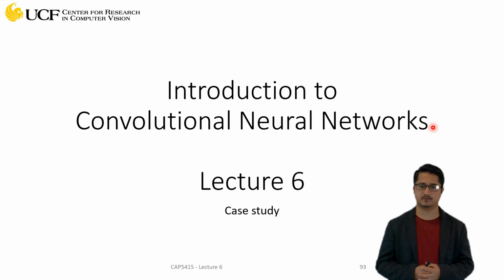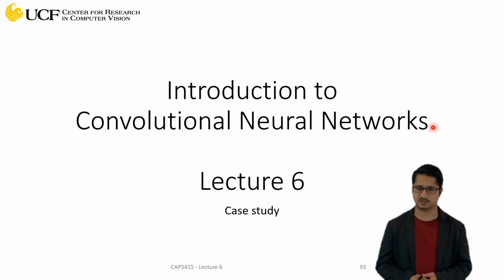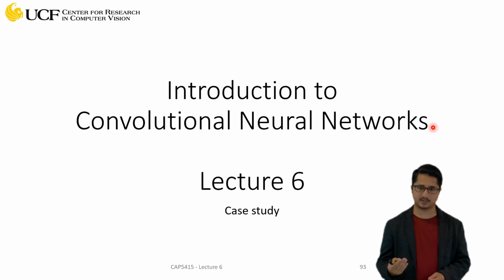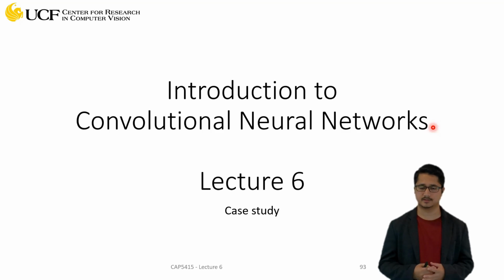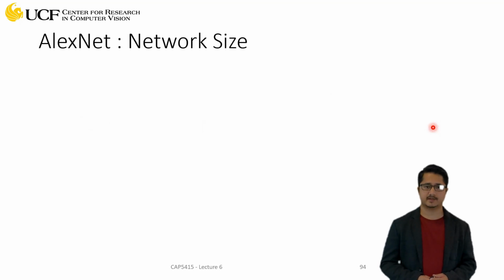And the last segment of this lecture is a case study on AlexNet, which is one of the first deep learning CNN models that showed very promising results on the ImageNet data set. So we'll go through that architecture, and in the following lecture we'll learn how we learn these filters or these weights when we train these models on large scale data sets. Okay, so let's start with this case study.